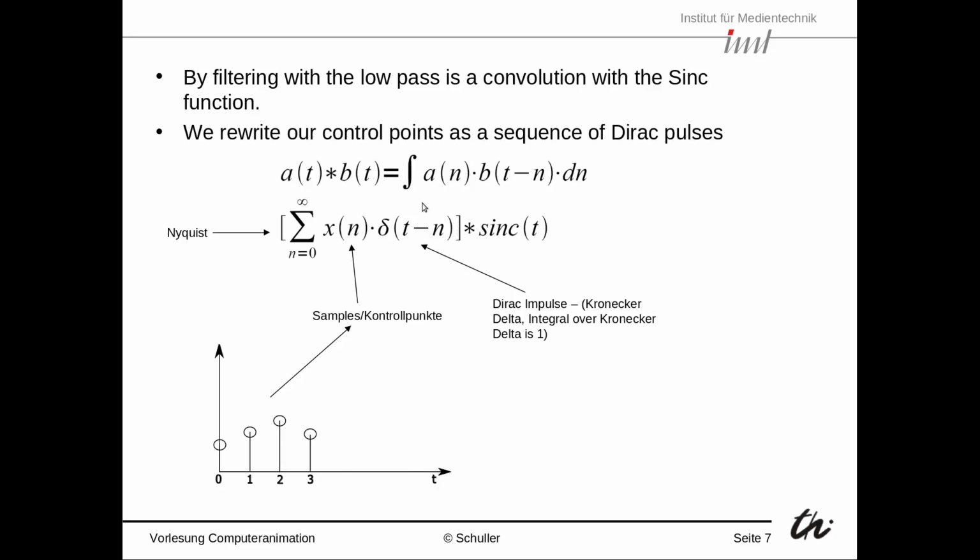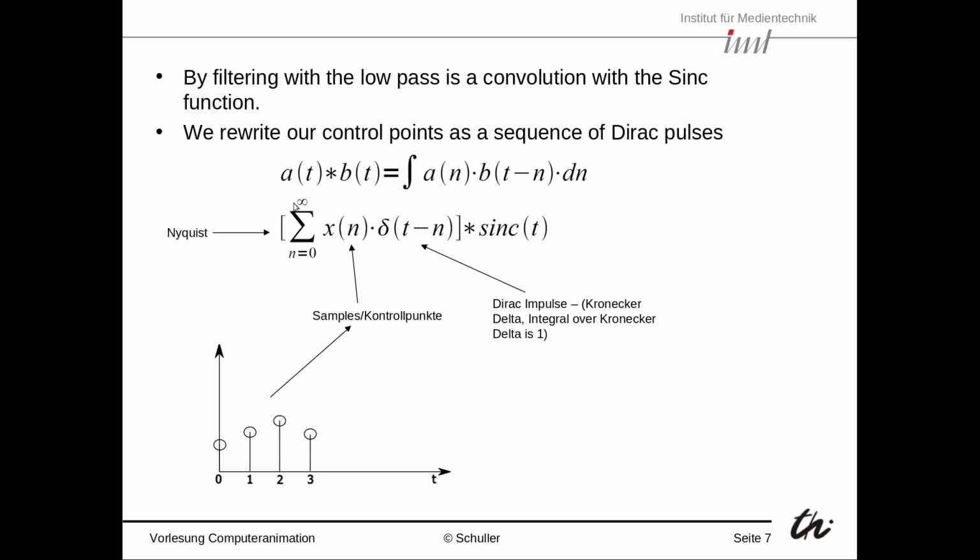So here we can see the first function here might be our sequence of control points using the Dirac pulses. So here we have the shifted Dirac pulses at the position of each control point n. And here we have the value of the sample. X of n is the value of our sample, of our control point here.